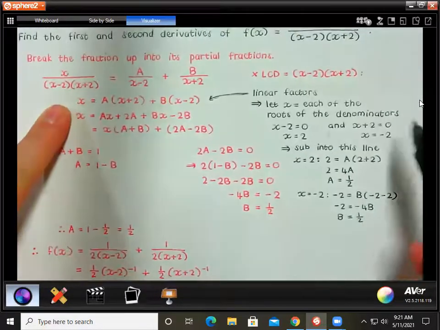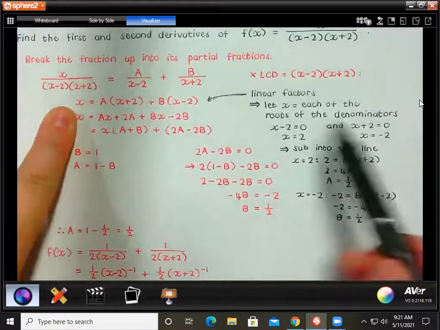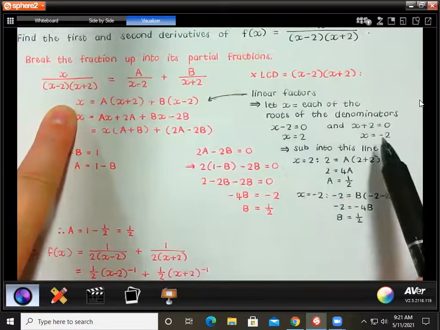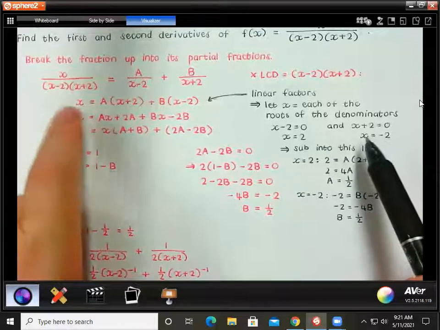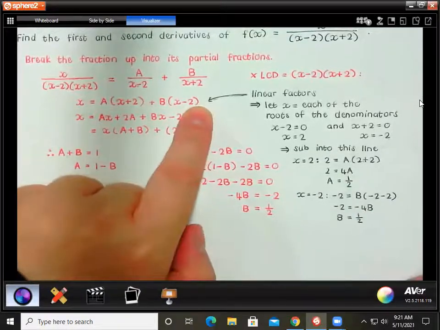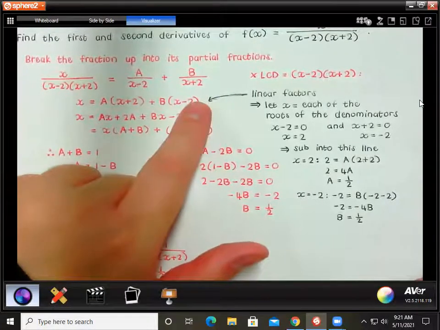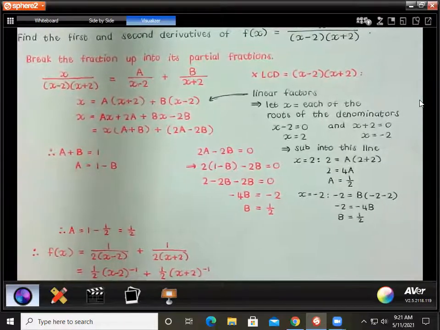Then from there, you're going to find the roots of the denominators or the critical values of the denominators. If you were to make them equal to 0, then you would get these two x values. Then those two x values are going to sub into this line, right? Both sides of this equation, not only the one side, because we're trying to solve for a and for b. Then once you've subbed them in, you're just going to get those actual values.